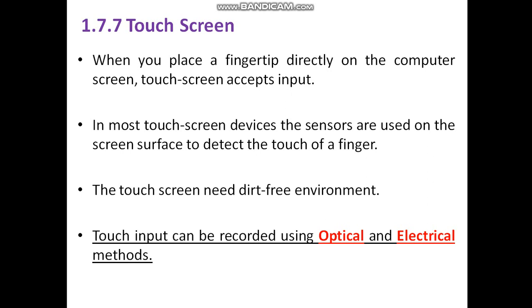Then the next point is the touch screen. A touch screen is a computer display screen that is also an input device. The screens are sensitive to pressure.